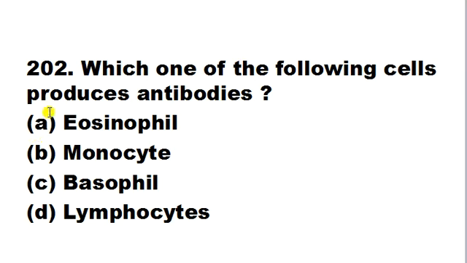So the options are: A. Eosinophils, B. Monocytes, C. Basophils, D. Lymphocytes. The correct answer would be D. That means lymphocytes are the cells in the immune system which are responsible for the production of antibodies.